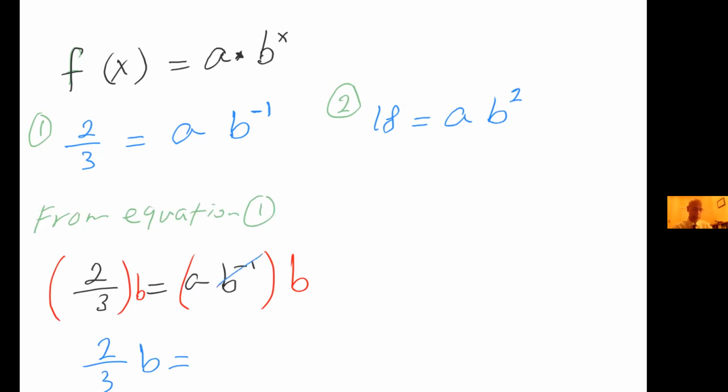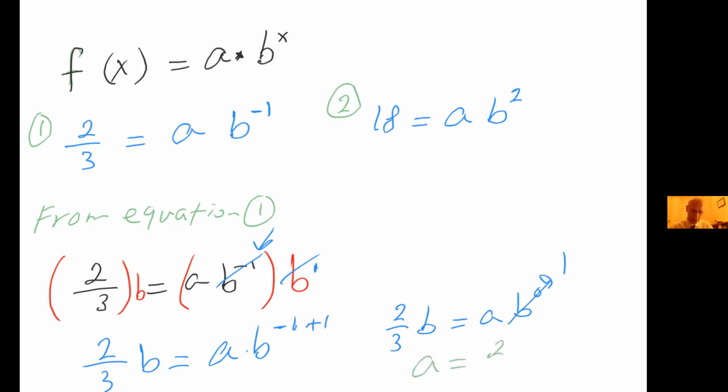This cancels because I'm adding the exponents: a times b to the minus 1, plus 1, gives b to the power of 0, and anything to the power of 0 is 1. So I can claim that a equals 2/3 of b.